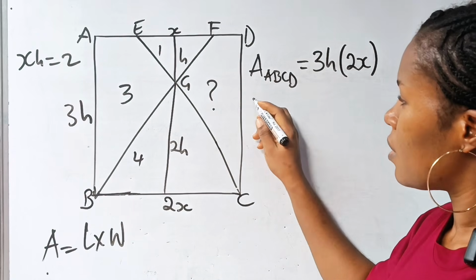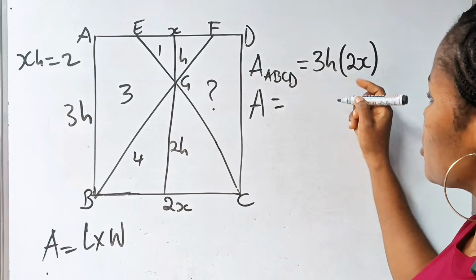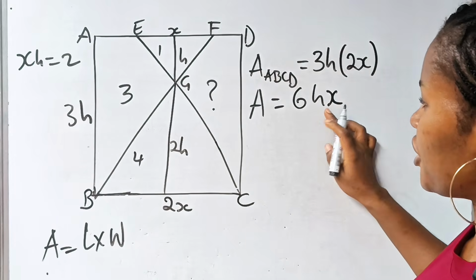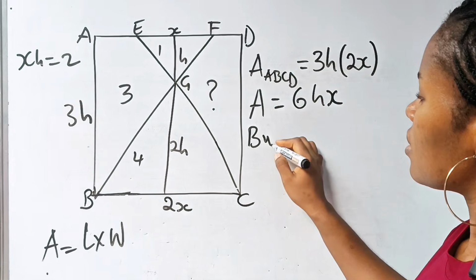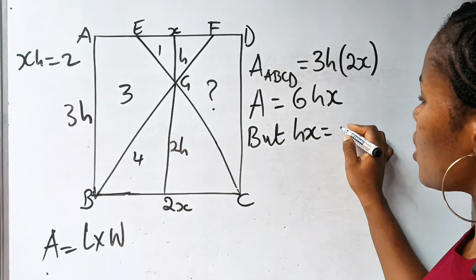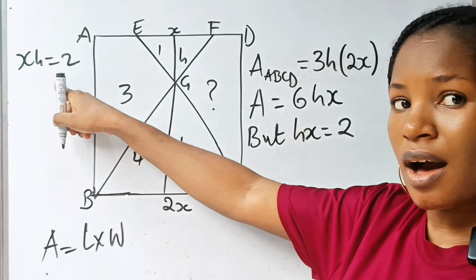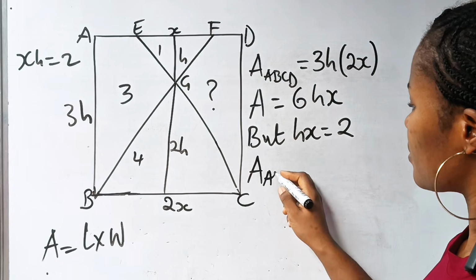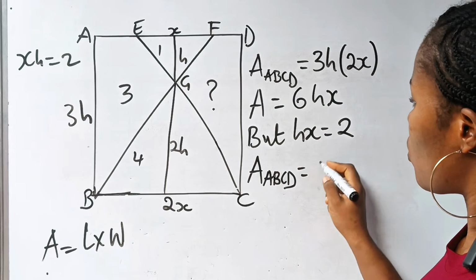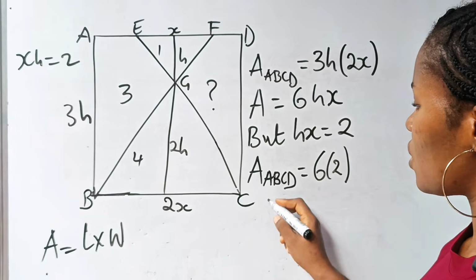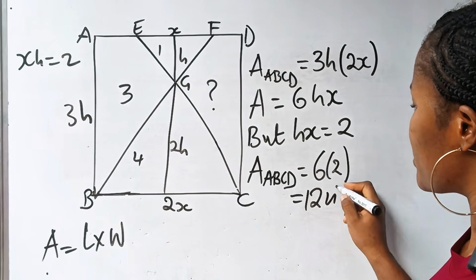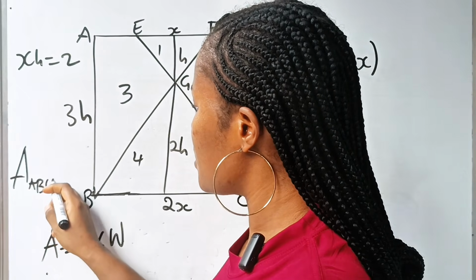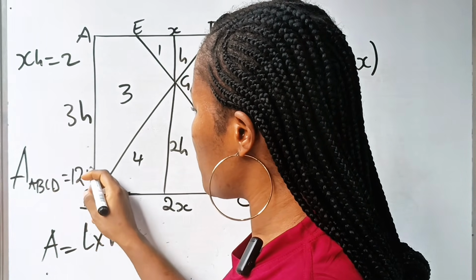So the area will be 3 times 2 is 6, 6hx. But hx is equal to 2 from here. You can see our xh is equal to 2. So the area of ABCD is equal to 6 multiplied by 2, and this will give us 12 units squared. So the area of ABCD is equal to 12 units squared.